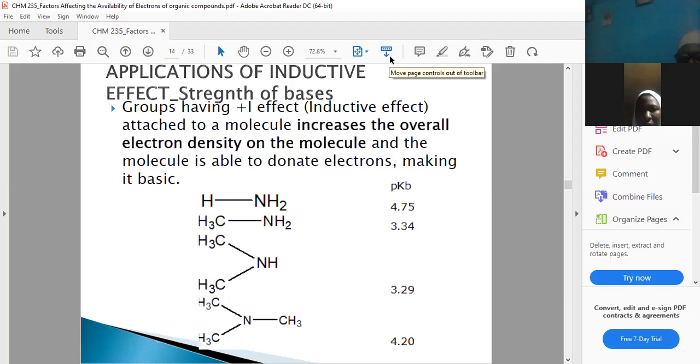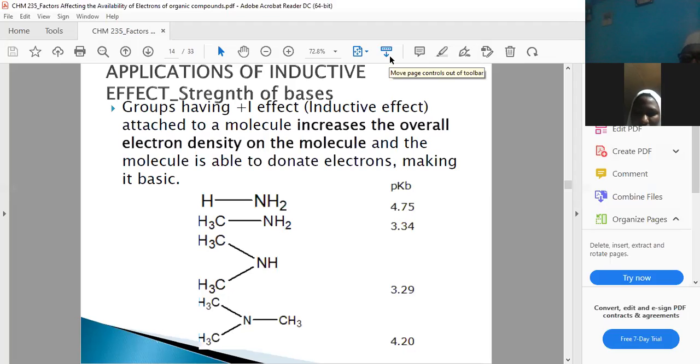So if you look at the bases we have and their pKb values, you notice that ammonia, the first one, has a pKb of 4.75. Methylamine has a pKb of 3.34, meaning that from 4.75 to 3.34, there is a reduction, and the base strength increases.